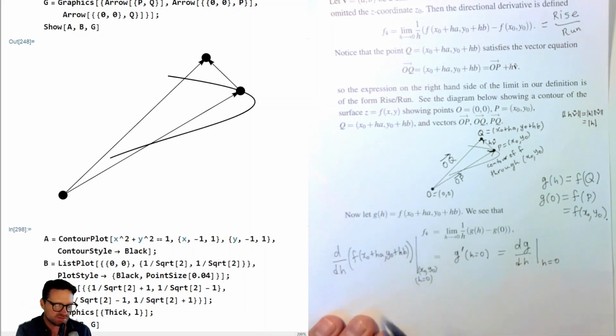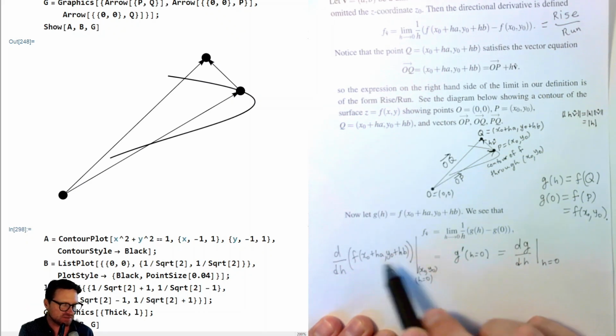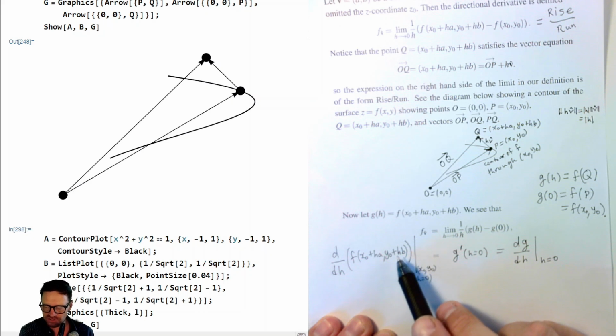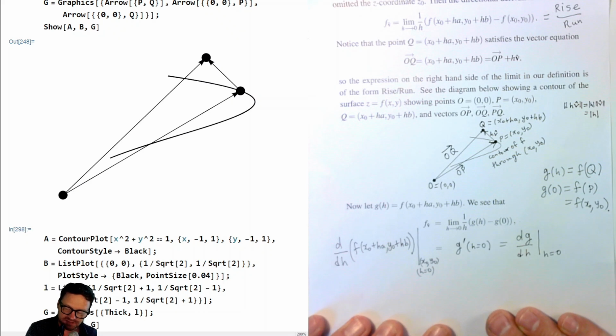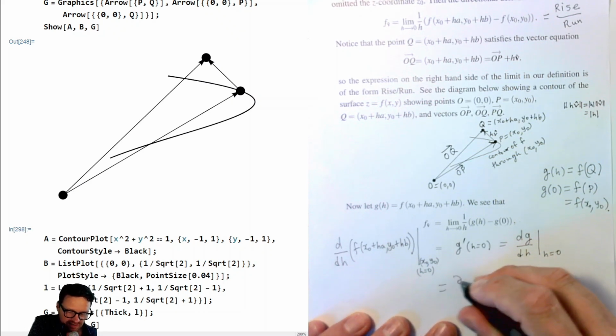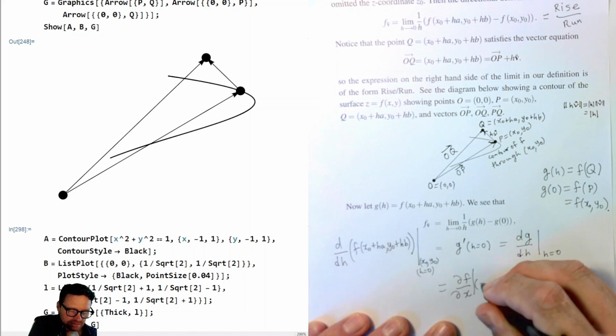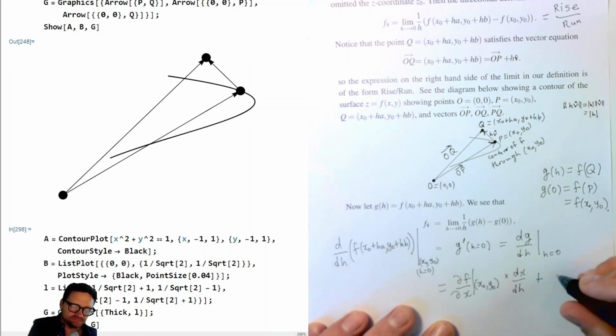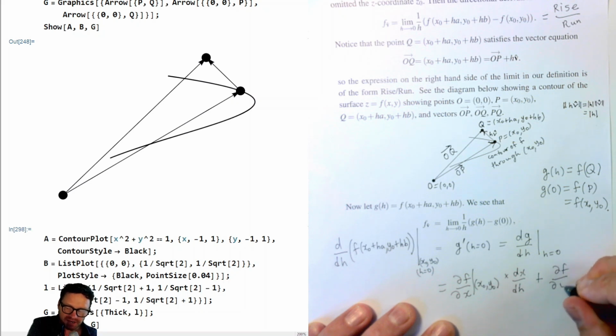Okay? So for this one, since this is a function of h, right, the input values, x is a function of h and y is a function of h, we can use our multivariate chain rule and say then that this is equal to the partial derivative of lowercase f with respect to x evaluated at x0, y0, multiplied by dx on dh, plus partial derivative of f with respect to y, again evaluated at x0, y0, multiplied by dy on dh.